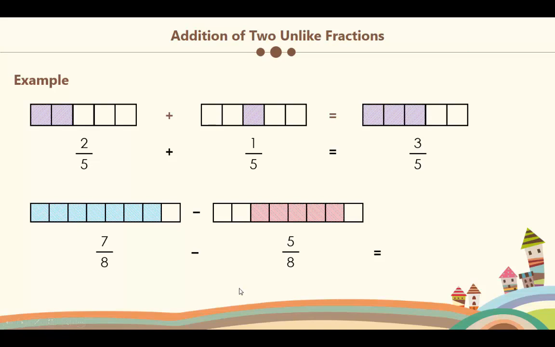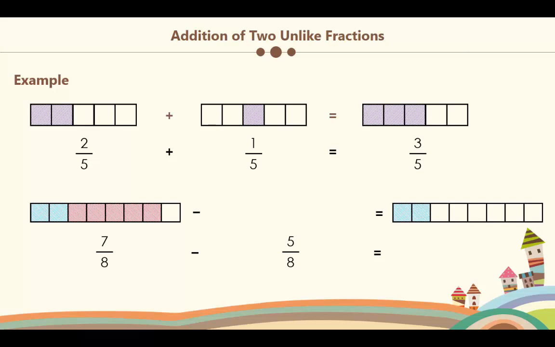So 7/8 minus 5/8 means I take away 5 from 7. There are two blue parts as the remainder, so the result is 2/8. Or I simplify 2/8 and it becomes 1/4.